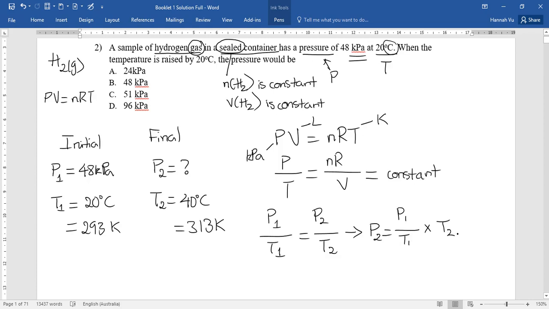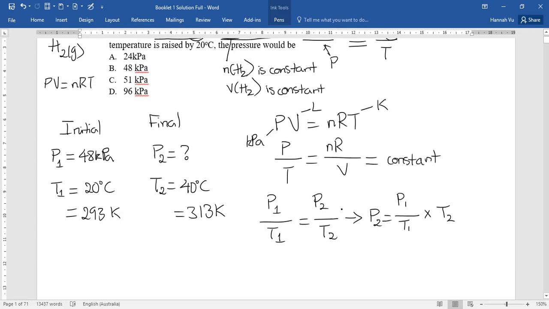Okay, so I think that's everything. I've got the correct units. Hopefully, I just need to do the calculation. All right, P1, so 48 over 293 times 313.